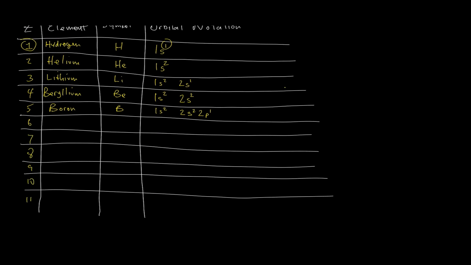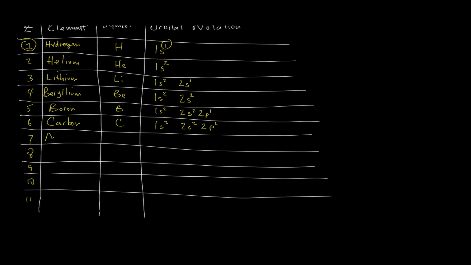Let's have a look at element number 6, which is carbon. Carbon, capital C, it's 1s squared, 2s squared, 2p, well, add 1 to the previous one, 2p to the 2. 2 plus 2 plus 2 gives us 6.